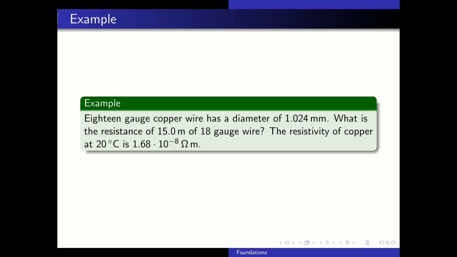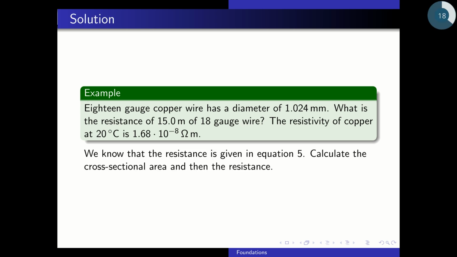As we're going to see in a little bit here, resistivity does change with temperature. All right, so we know the resistance is related to resistivity through equation 5. So all we need to do is calculate that cross-sectional area and then calculate the resistance. Go ahead and try that out and come back when you're ready.